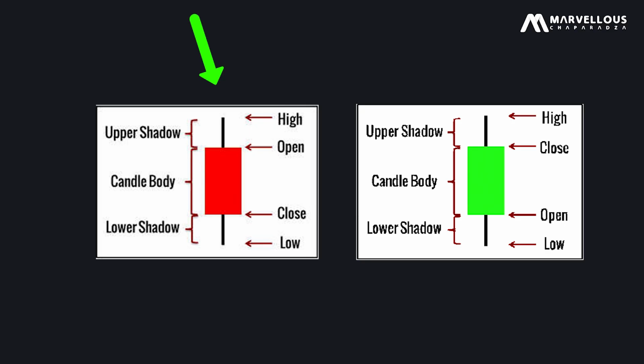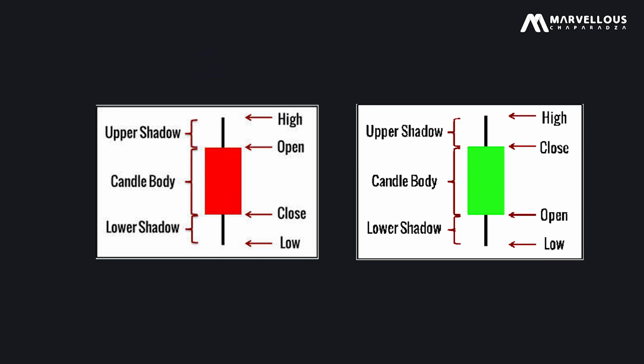A bearish candlestick is one that is formed when the price of a certain commodity on the market in a certain time interval opens high, and then after that time interval, the price closes lower. This shows us the price started high, and at the end of the time interval, the price dropped.